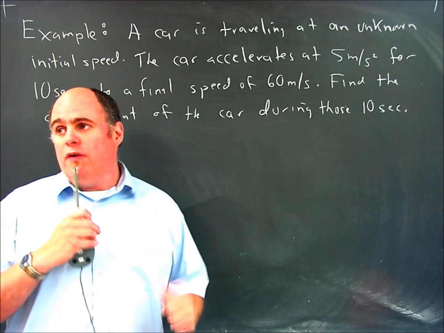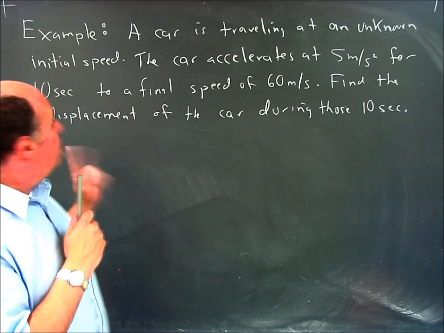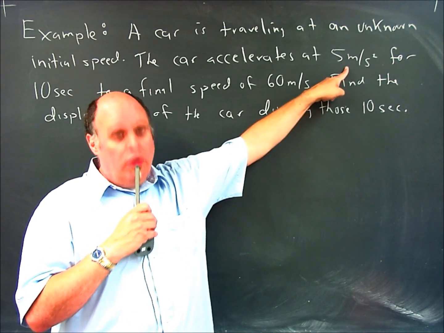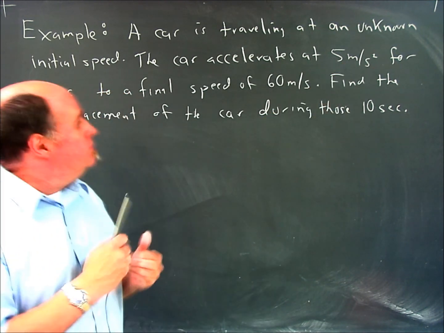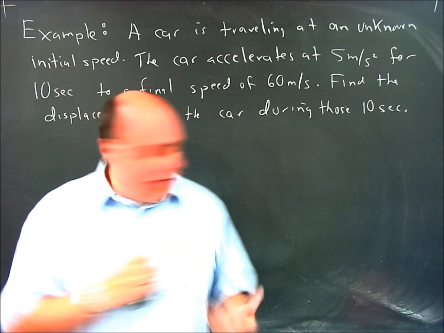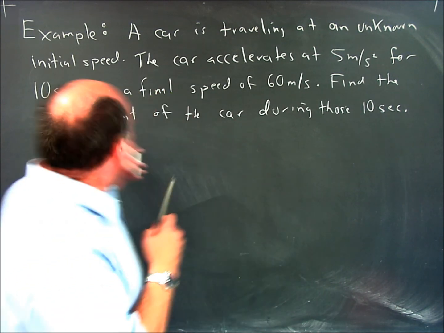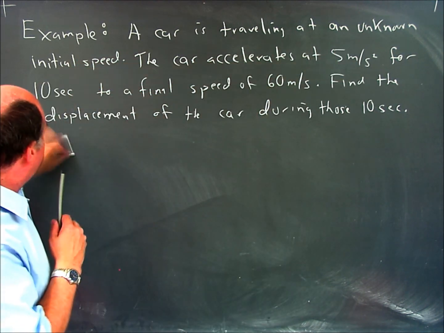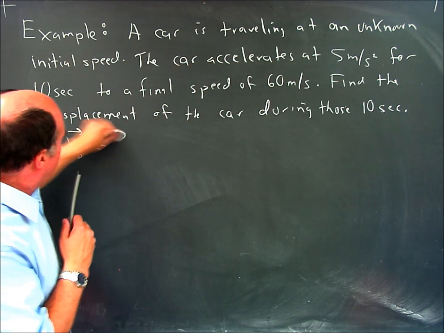So how far was the car displaced from the time it first touched the accelerator and started speeding up? Okay, so if we write out our givens: the car is traveling at an unknown initial speed, so V initial is unknown.